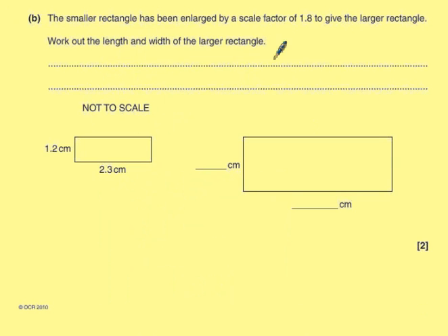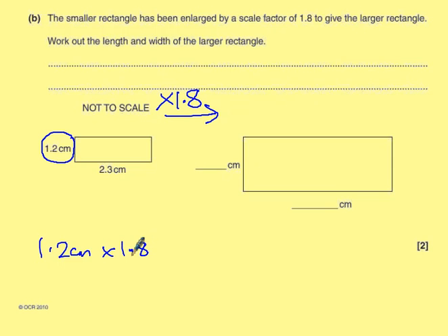Now part B says the smaller rectangle has been enlarged by a scale factor of 1.8. So to go from the small rectangle to the big rectangle, we've been enlarged by a scale factor of multiplying by 1.8. Work out the length and width of the larger rectangle. So what we need to do is take our 1.2 centimetres and multiply that by 1.8 because it's 1.8 times as big.